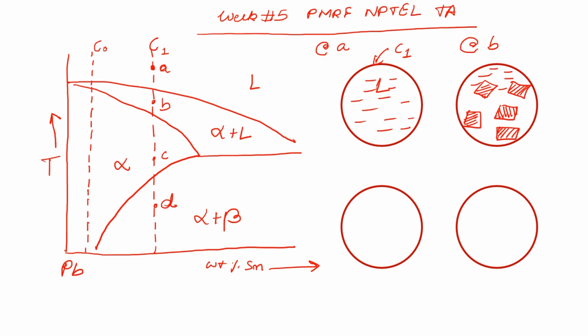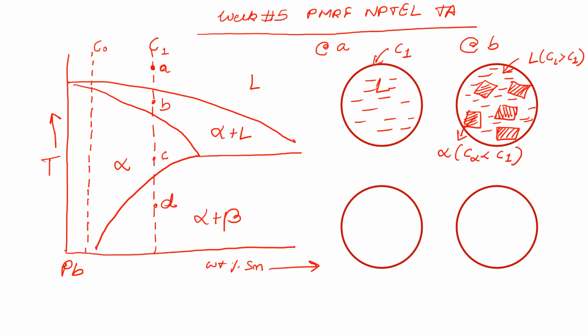So we have a liquid of composition greater than C1, and we have alpha, pro-eutectoid alpha of composition lower than C1.